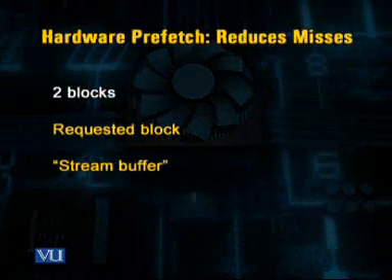The requested block is placed in the instruction cache, and the extra prefetched block is placed in an instruction stream buffer. On a miss, the stream buffer is checked first, and if the requested block is available in the stream buffer, then the following steps are taken.